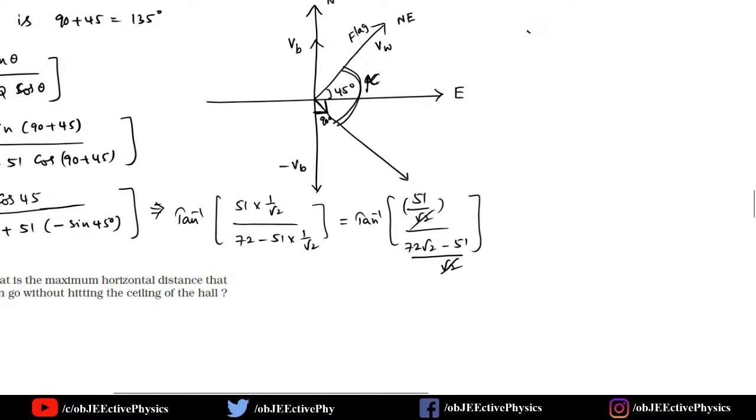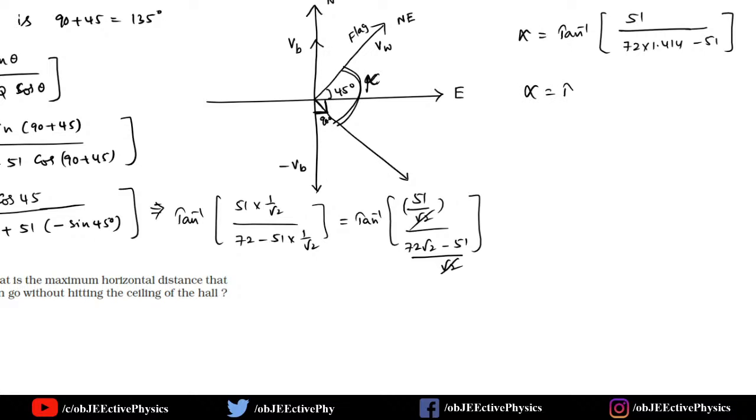See here, alpha is equal to tan inverse of 51 divided by (72 into 1.414, the value of root 2, minus 51). First, simplify the denominator: 72 into 1.414 is 101.808, minus 51 gives 50.808.